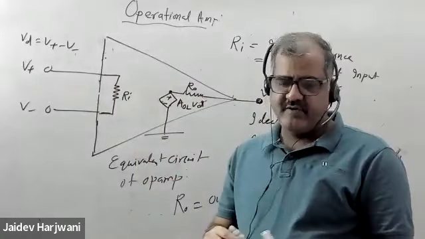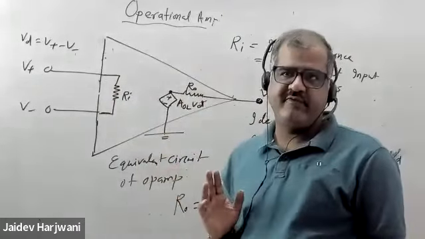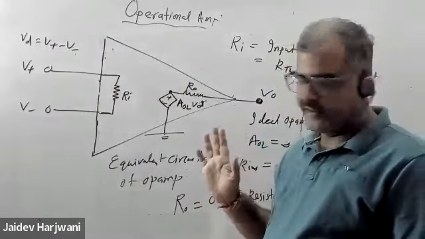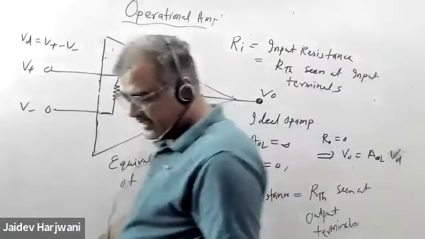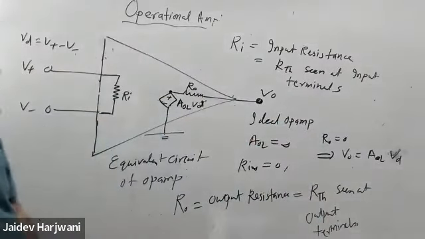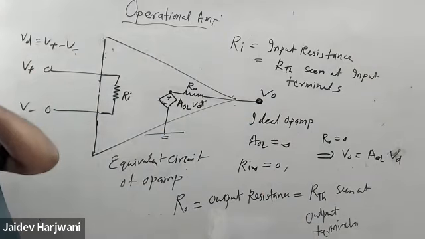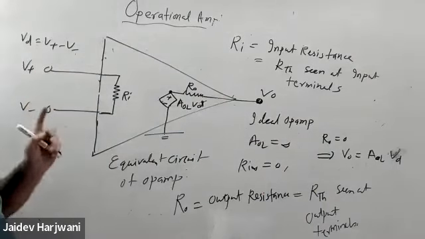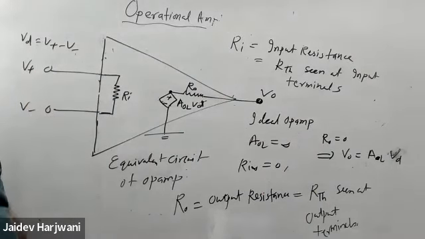Now whenever you are using op amp in a closed loop configuration, there are two properties you have to keep in mind. Number one is the virtual ground concept. And number two is how much current is flowing in these terminals. These two properties you need to understand.